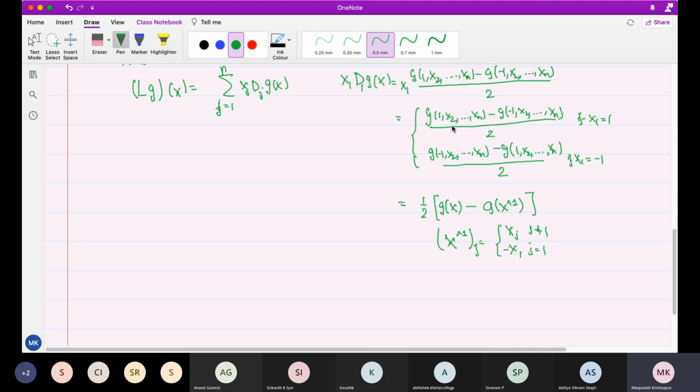Okay, so this is g of x minus g of the x with the first coordinate flipped, right? So that's how we write it. Is that okay?